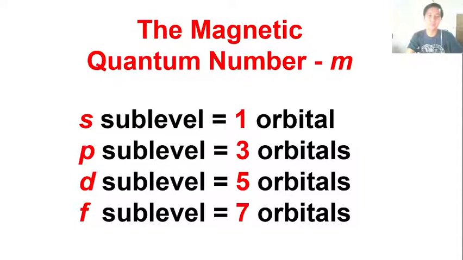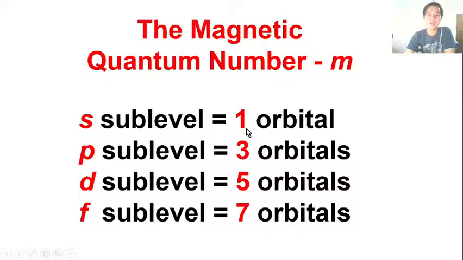Now, how many orbitals does the s sublevel have? It has only 1. The p sublevel has 3 orbitals. The d sublevel has 5 orbitals. The f sublevel has 7 orbitals. Okay, so take note of that.